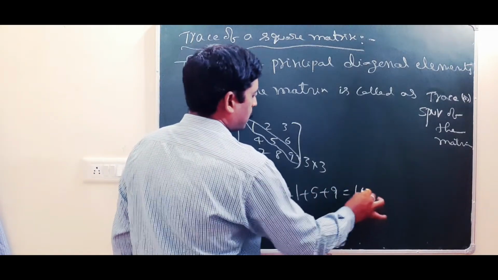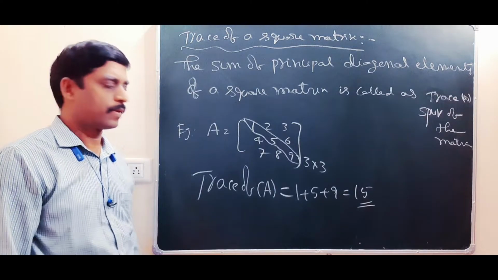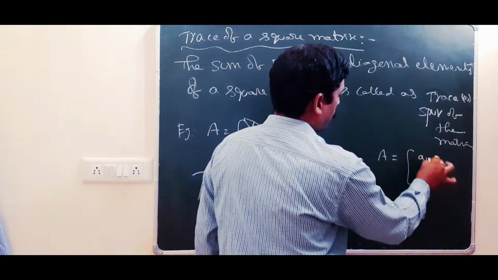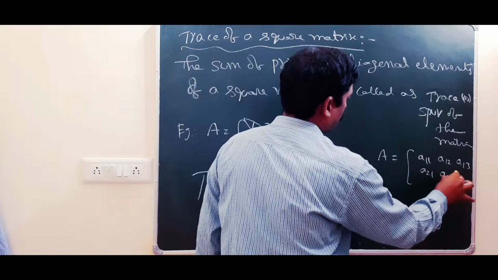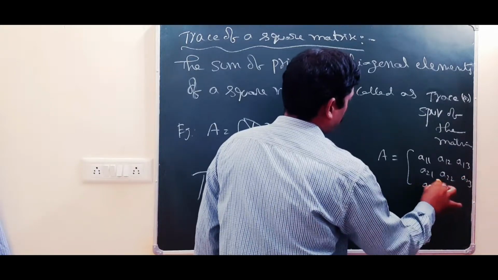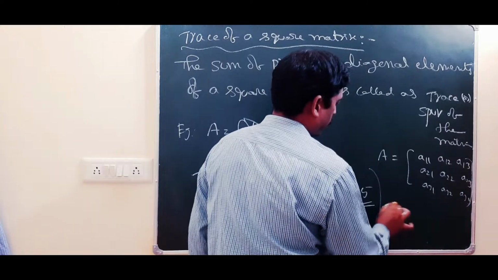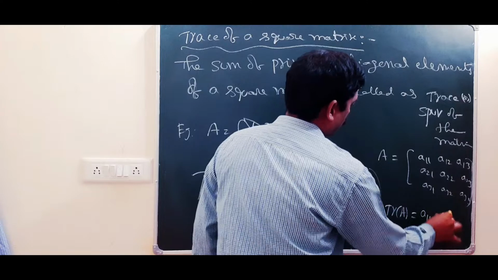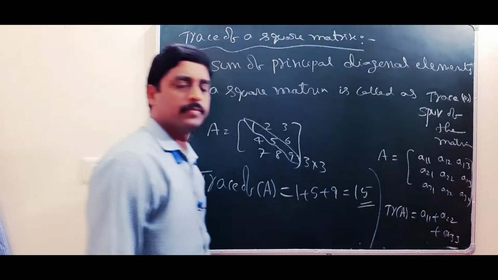This is called trace of given matrix. A having A11, A12, A13, A21, A22, A23, A31, A32, A33. Now trace of A is defined by A11 plus A22 plus A33. This is called trace of matrix.